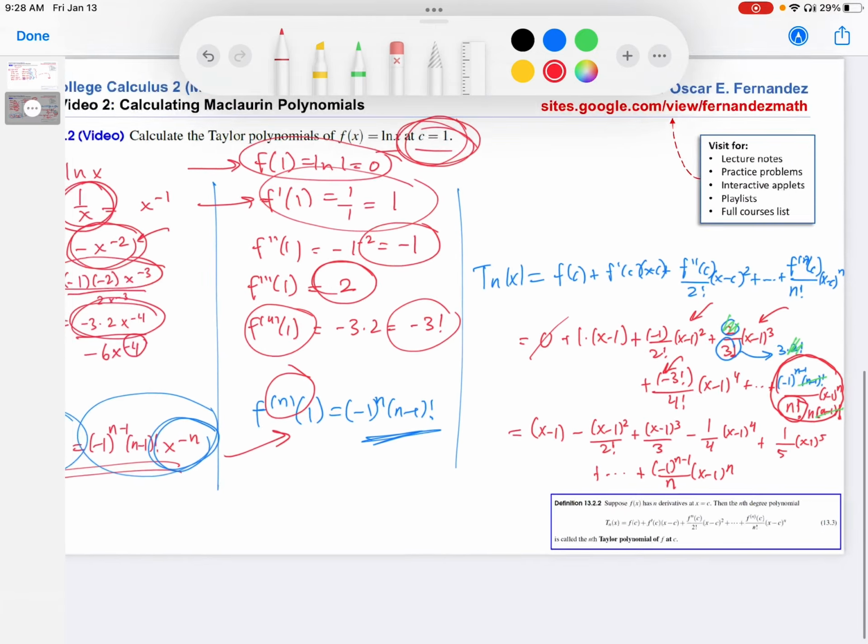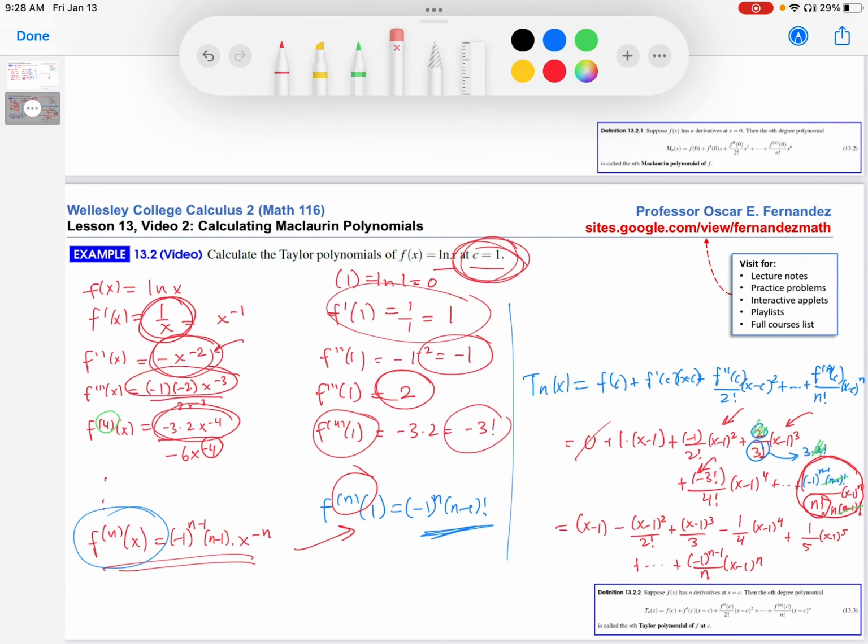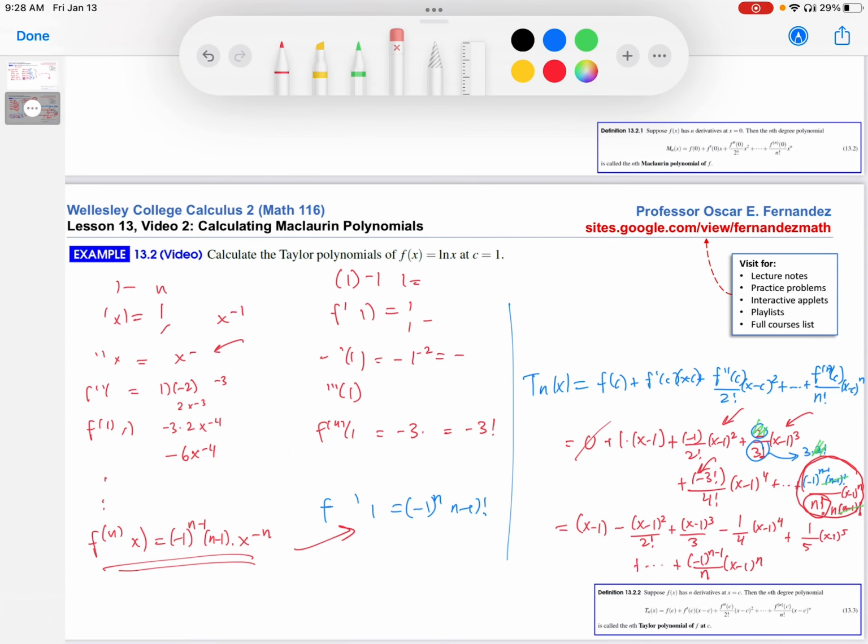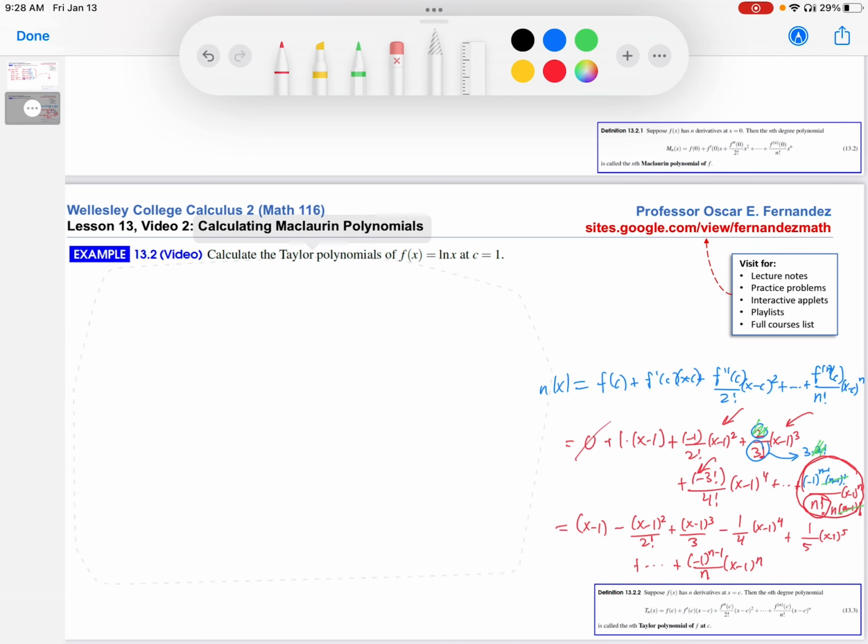Okay, so now let me erase everything so we have enough space to actually write down the final answer. So we finally get that the Taylor polynomial at c equals 1 for ln of x is x minus 1 minus x minus 1 squared over 2. Notice that there is a 2 factorial down there, but 2 factorial is 2.